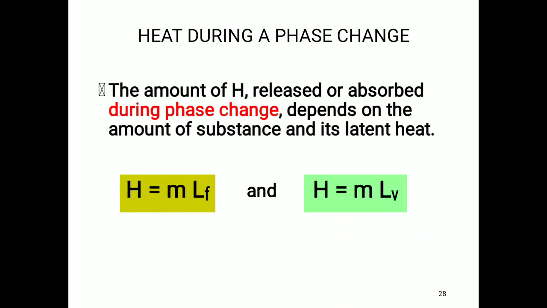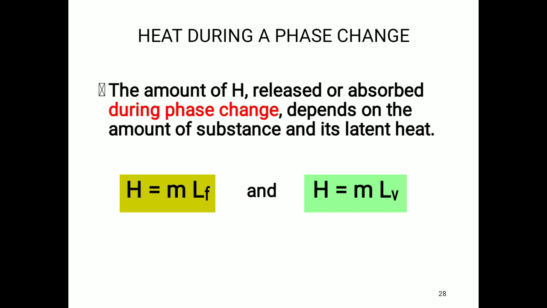Now heat during the phase change. If you want to calculate the heat during the phase change, you have to use the following formulas. The amount of heat released or absorbed during the phase change depends on the amount of substance and its latent heat.